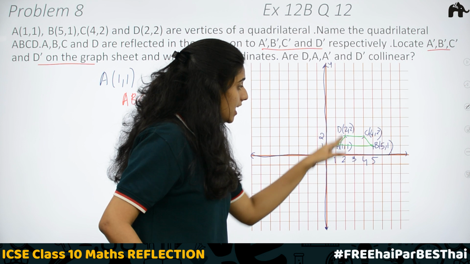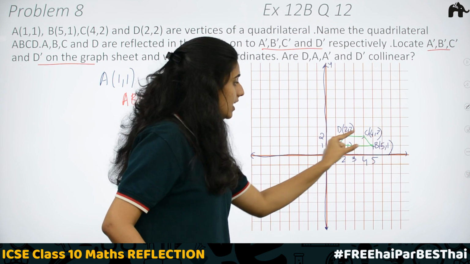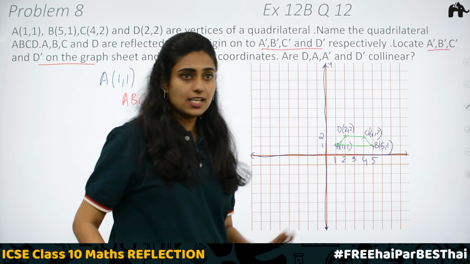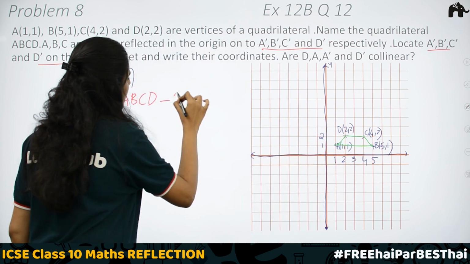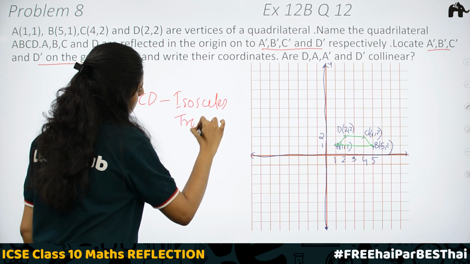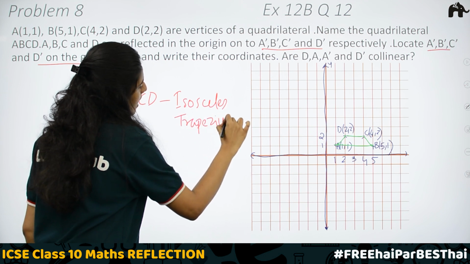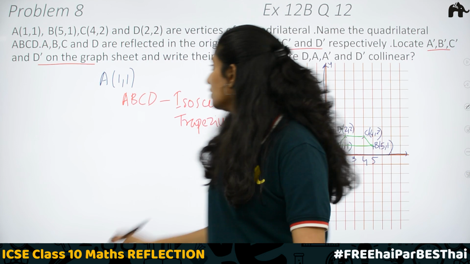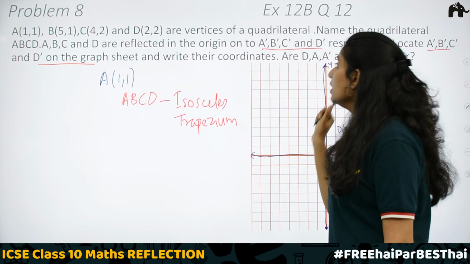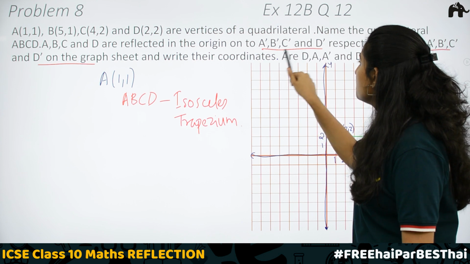Non-parallel sides AD and BC. When you check, they are equal. Yes, the lengths of these two sides are equal. Therefore, this is an isosceles trapezium.